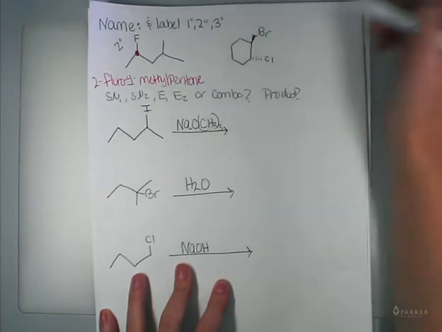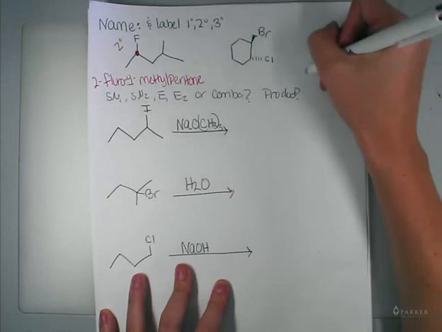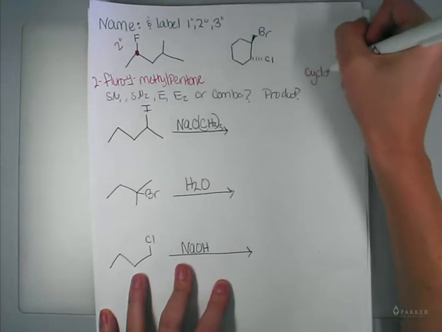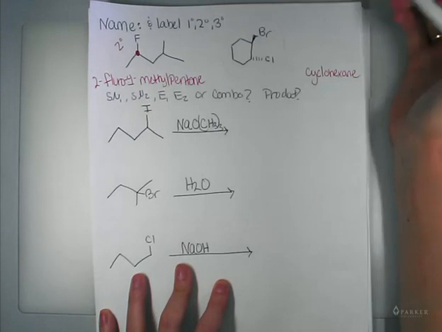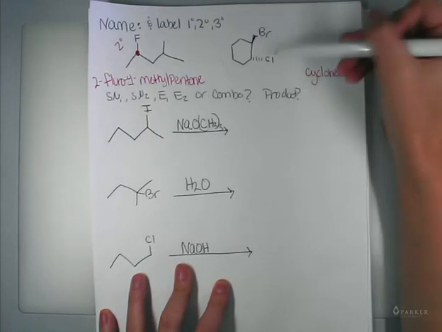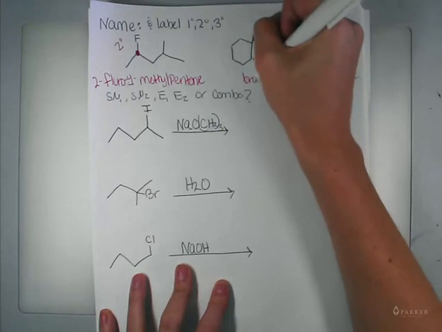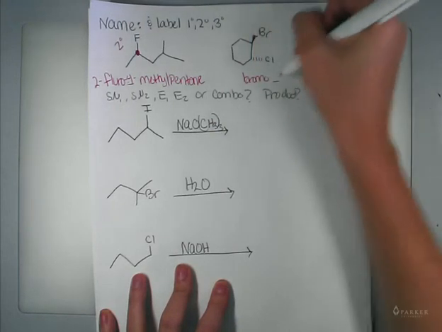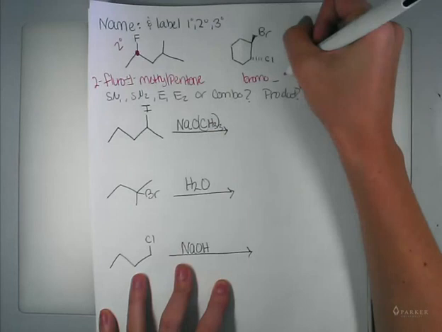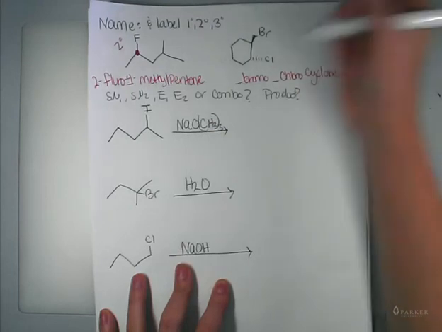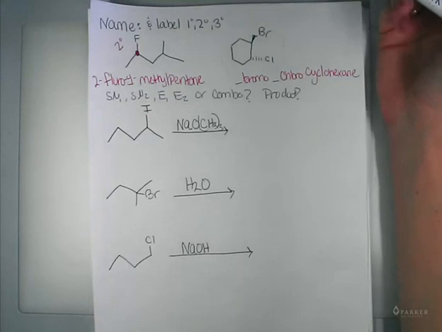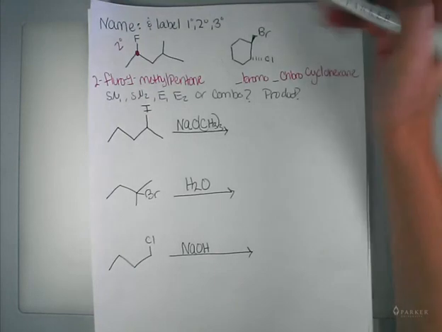How do we name this one? Cyclohexane. And what's this? Bromo. And then chloro. How do we number these? 1, 2.